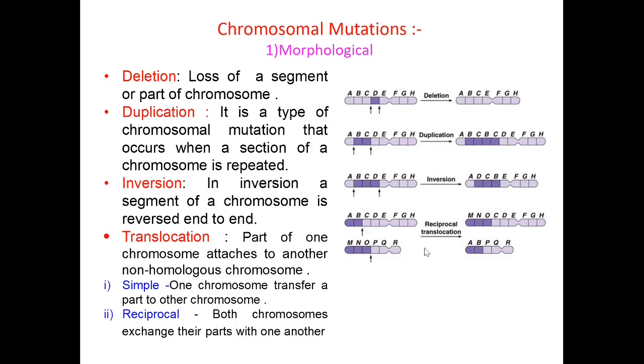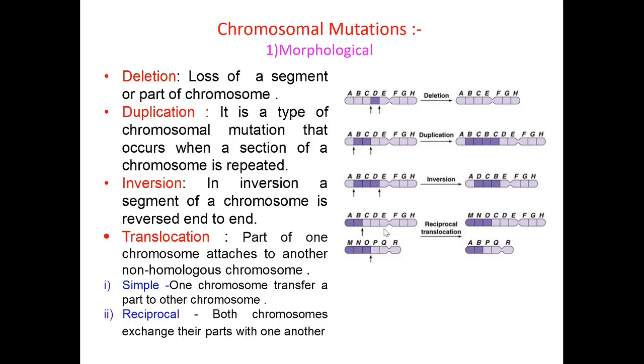another. Now look at the diagram here. This is showing reciprocal translocation. A, B, C, D, E, F is one chromosome, and M, N, O, P, Q, R is another chromosome, non-homologous one, because its genes are different.